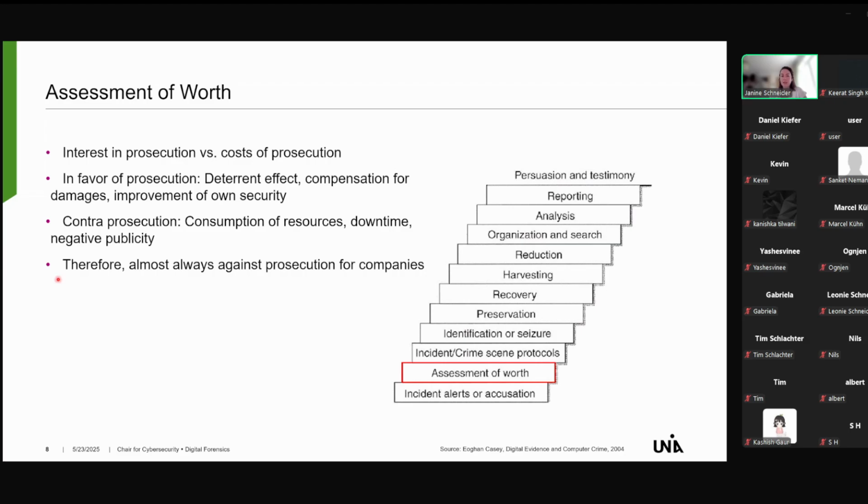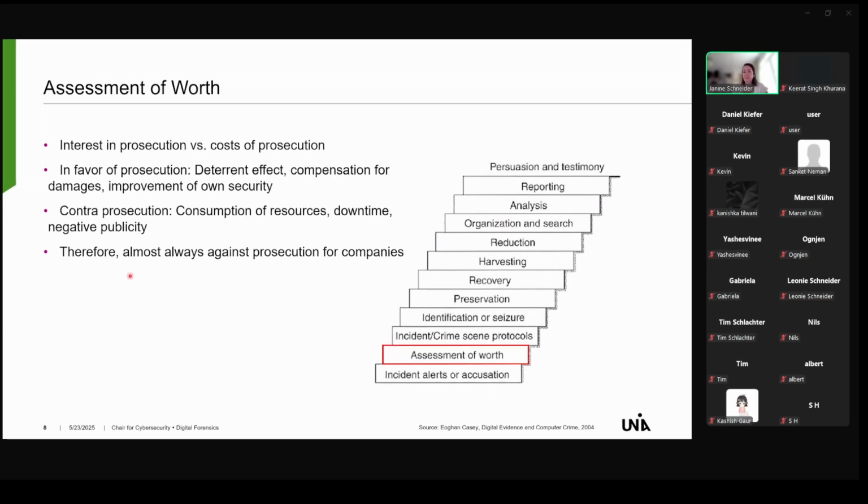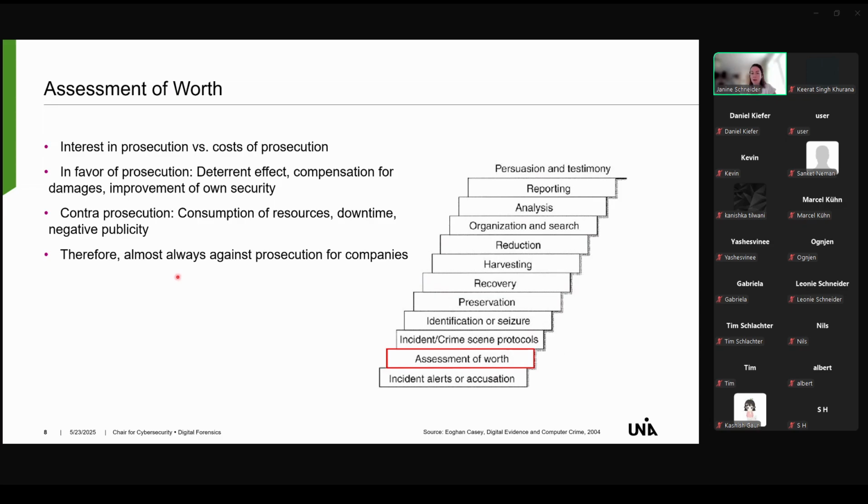And especially in the company context, almost always the companies decide against a prosecution because of the negative publicity, downtime, and the resources. And there are also some response strategies for companies where the organization in general decides how to deal with incidents of a certain class.